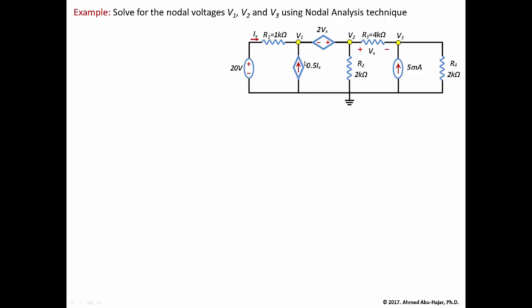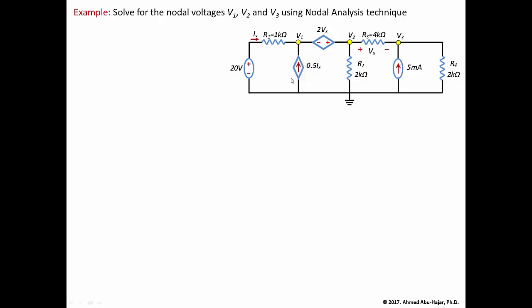If you look at the first one, it is a voltage source. You need to recognize that this is a voltage source because we have polarities here. The second one is a current source, and we know that because it has an arrow inside it. The arrow indicates the direction of the current, which is going into node V1.